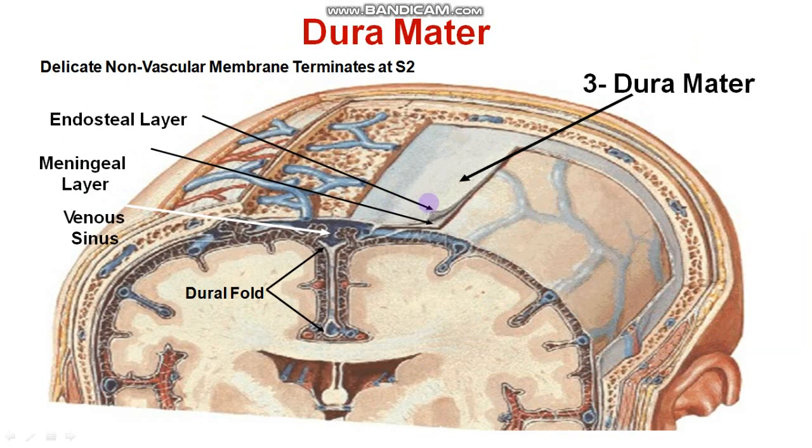Now this inner meningeal layer, we can see this inner meningeal layer. This inner meningeal layer of the dura mater is getting folded and forming the dural fold, and this dural fold divides the cranial cavity into compartments. You can see how the dural fold is formed.